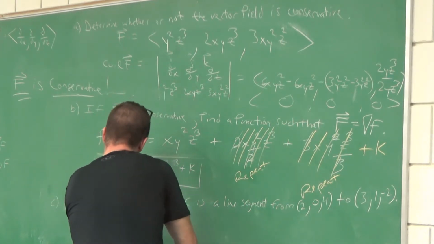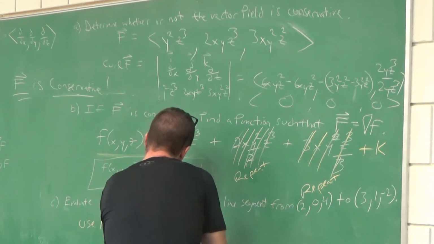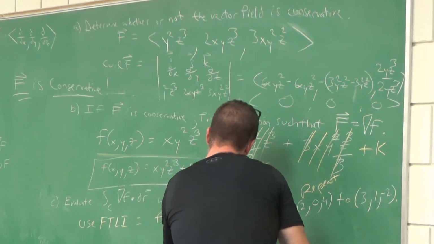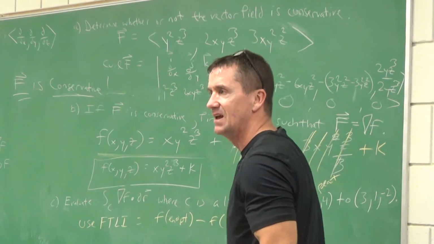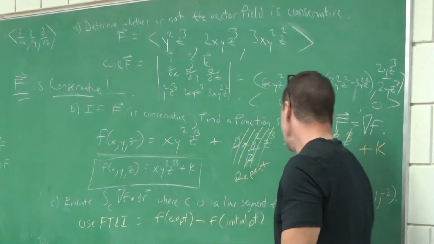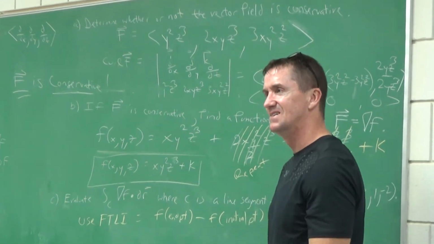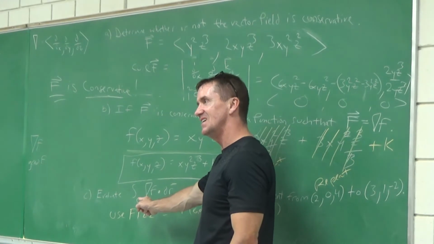What is this equal to? f of endpoint minus f of initial point. I mean, you could write it with the notation. I just think that's an easy way to state it. Take the function you just found, plug in the endpoint, plug in the initial point, and subtract them. We don't have to do all the dot product and all that. Isn't that cool? We don't need the r(t).